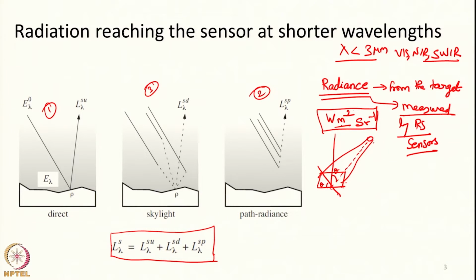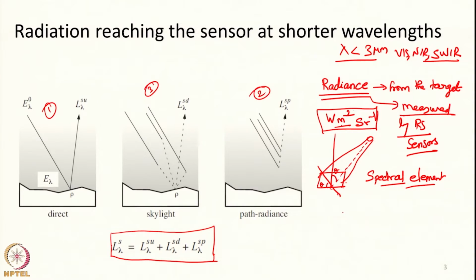One more thing you have to notice: in remote sensing, whenever we talk about these energy terms, always remember they have a spectral element attached to them. That means it has a wavelength dependency. We will always talk about certain bands of wavelength, say red band, green band, blue band, visible band and so on.